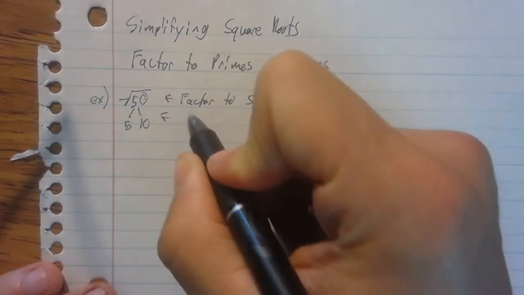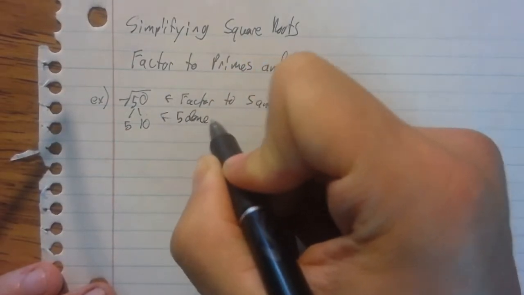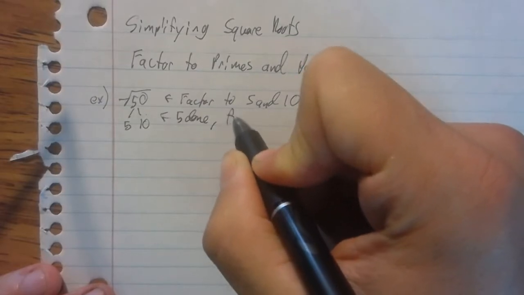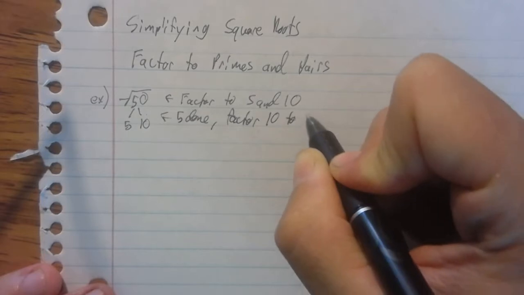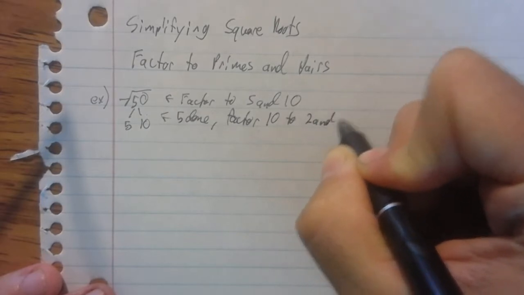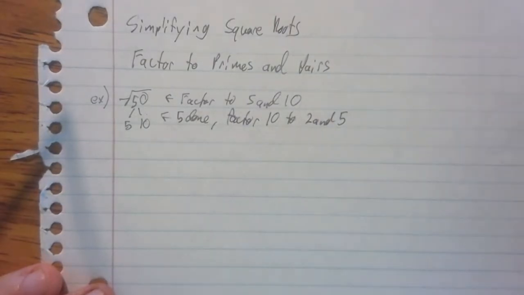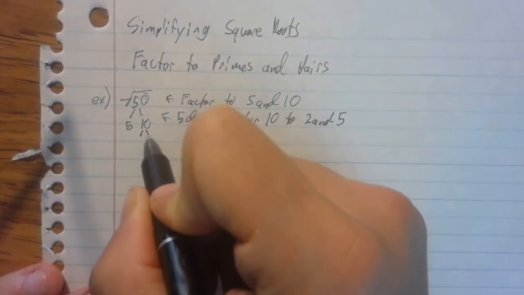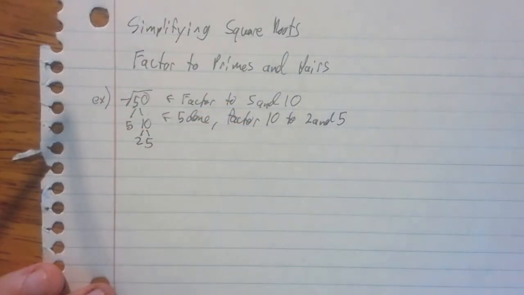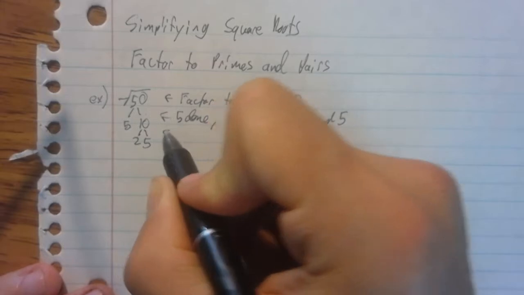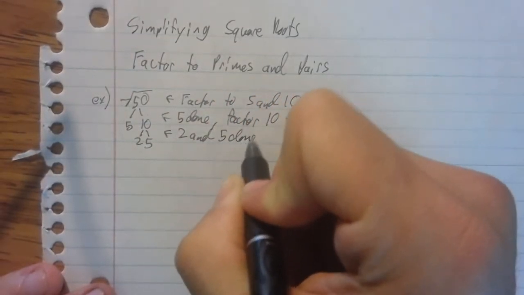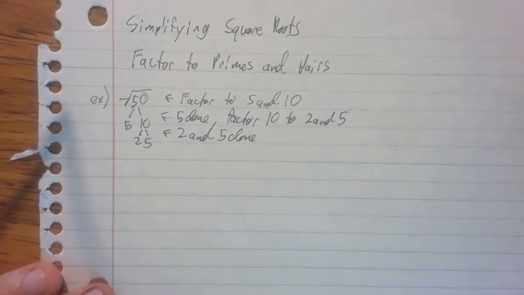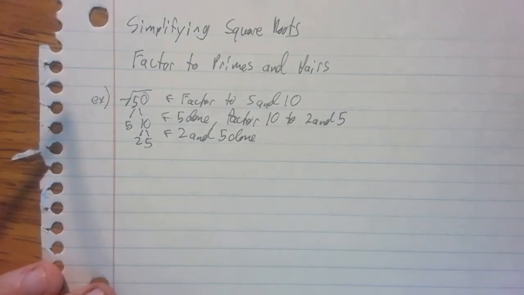So for this step, 5 is done. We're going to factor 10 to 2 and 5. So we're going to break this down to 2 and 5. 2 and 5 are done. We can't divide them by anything other than 1 or themselves.